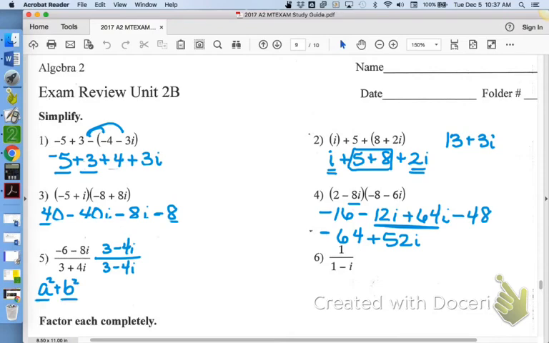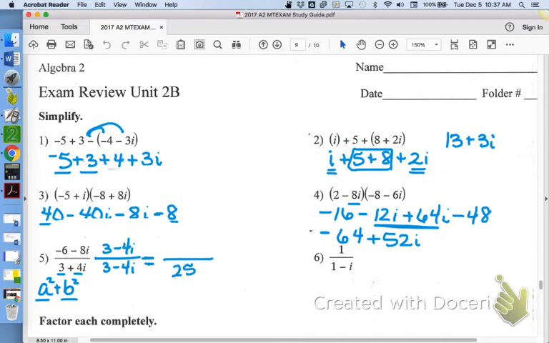You're just taking these numbers, 3 and 4, and squaring them. You always get positive numbers when you square. So 3 squared is 9 plus 4 squared is 16. Now, if you're uncomfortable with that, you just go right ahead and FOIL it out. Distribute it out. You're going to get the same exact thing, or should, I should say. So 9 plus 16 is 25.